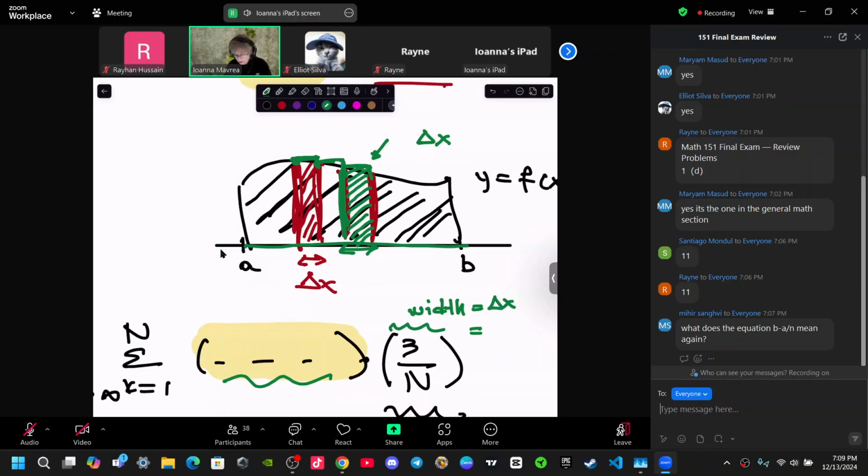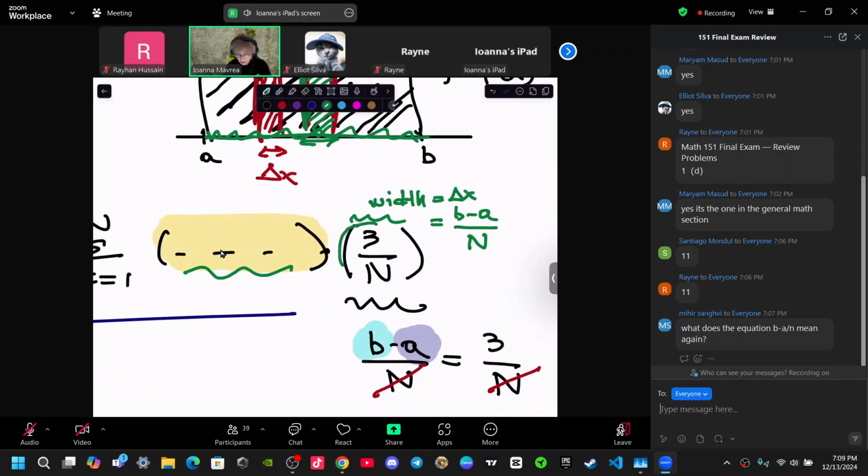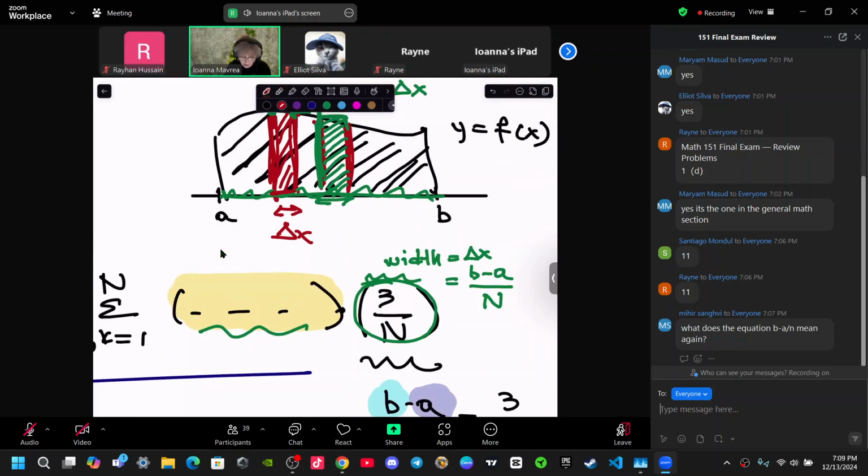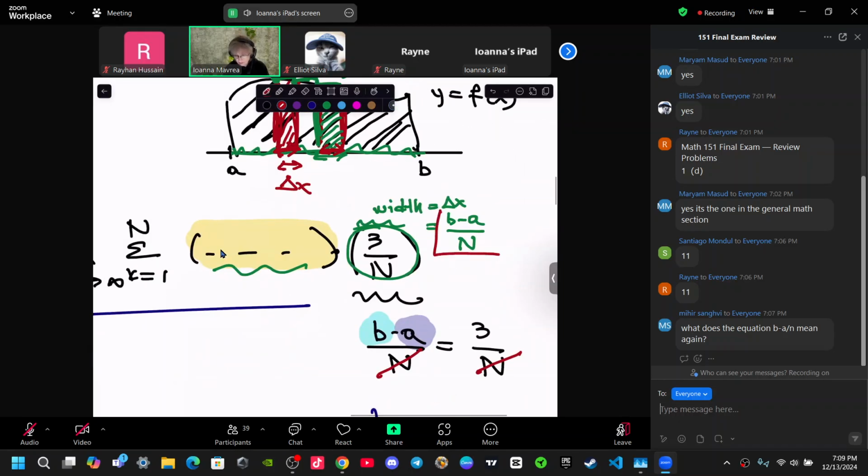So what is delta x? Delta x is going to be B minus A, this length, divided by how many strips you have. So this number here is B minus A divided by N, the width of each subinterval.